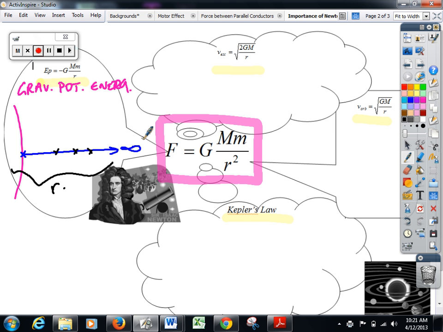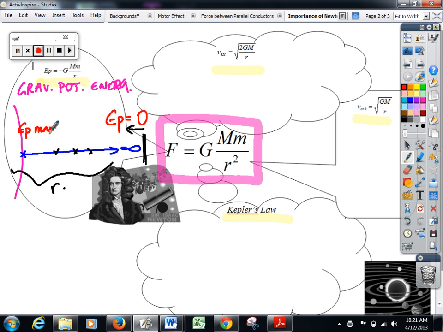When we are an infinite distance away, then we have no tendency to fall back. There's absolutely no gravitational pull from the planet back, so we set this level out here as 0 EP. So this is where EP is 0. We also then maximise EP on the surface of the planet.